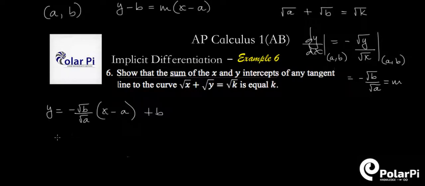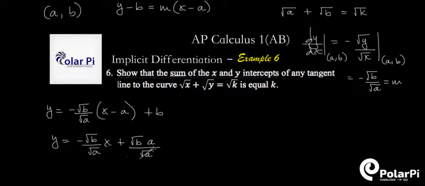Now, I want to simplify this more and get it in slope-intercept form, basically. So I get y equals negative root b over root a x, and then this minus and minus is going to have us write a plus. And then we're going to write plus root b times a divided by root a.